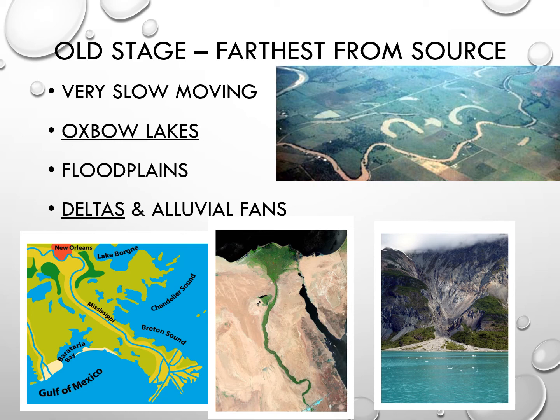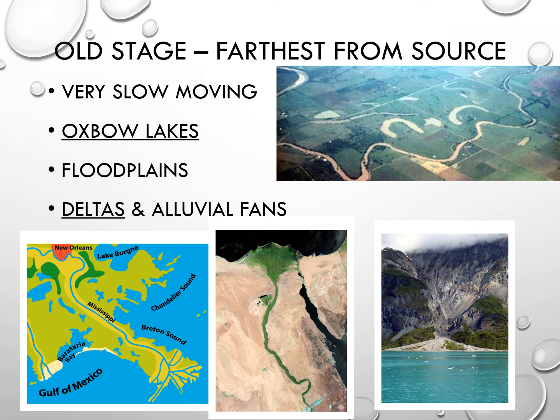And you can see that in this top picture, these curvy looking lakes that are here. Those used to be connected to the river, but like I said, the river wants to take the path of least resistance. So sometimes those meanders can get super curvy and actually meet back up and cut off part of the river, and that forms those oxbow lakes.